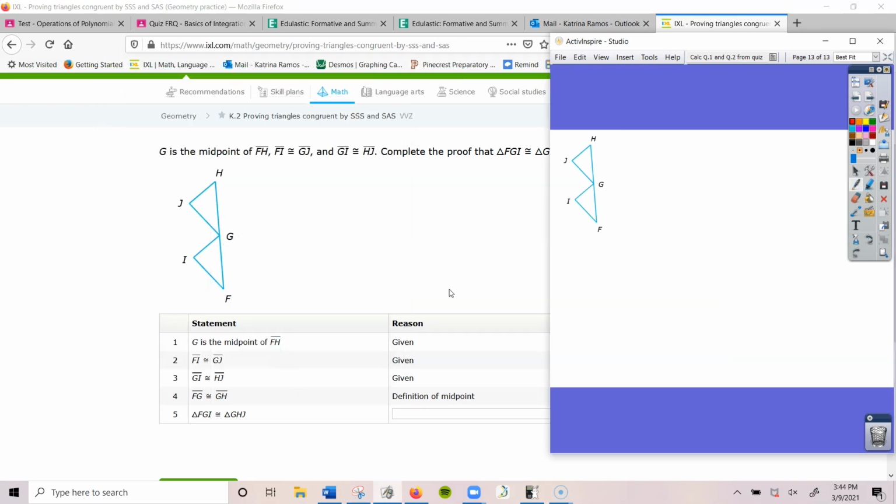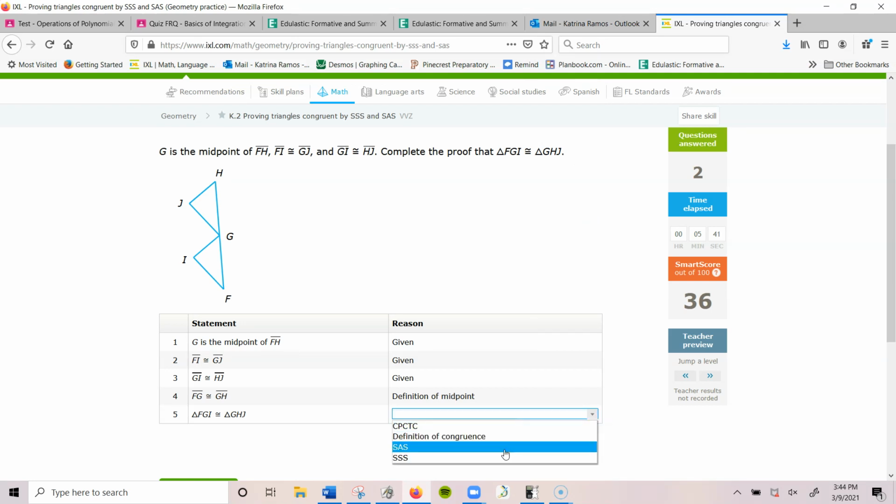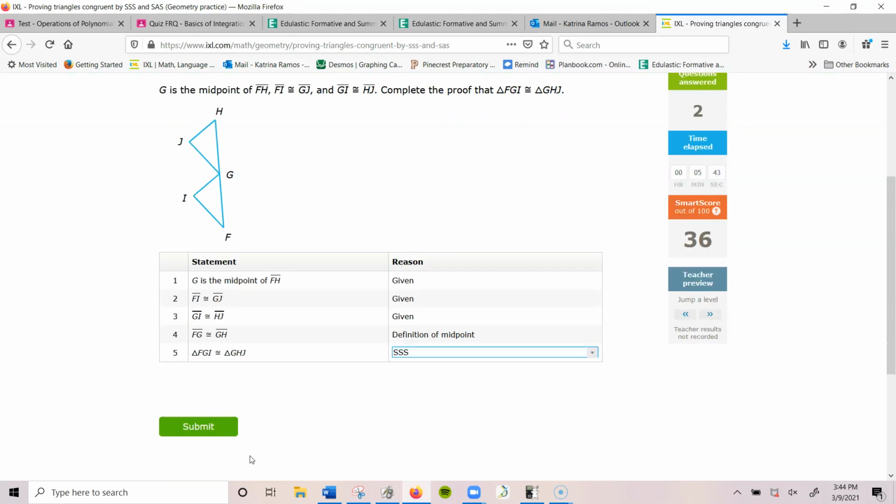So we have FI is congruent to JG, or GJ, whatever. GI is congruent to HJ. And FG is congruent to GH. Again, we have 3 congruent sides to each other, so this is also SSS.